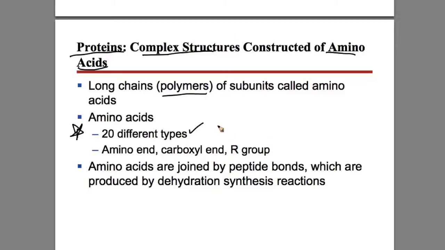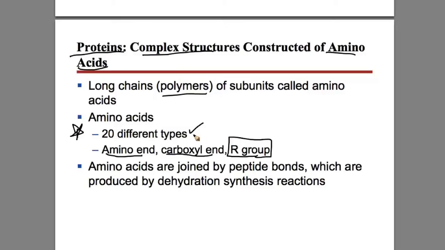Most of them you can synthesize yourself. Some of them you have to obtain from your diet. Amino acids have an amino end and a carboxyl end, and various R groups that will give the molecule or the particular amino acid its name.